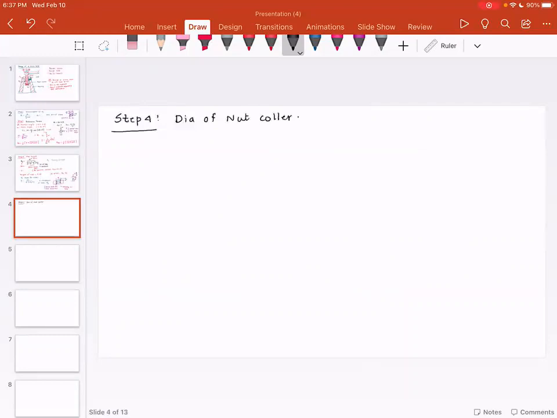So sigma T is equal to W divided by pi by 4 times D1 square minus the diameter of the nut D0. In this equation, W is given to us, this is sigma T, D0 we already know, and the only unknown from this equation is D1.